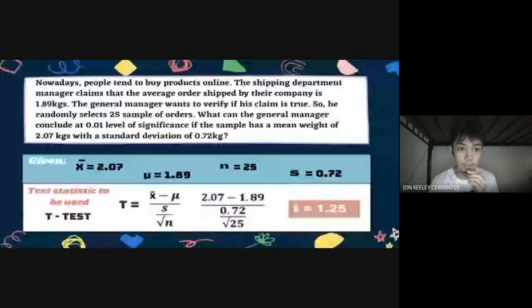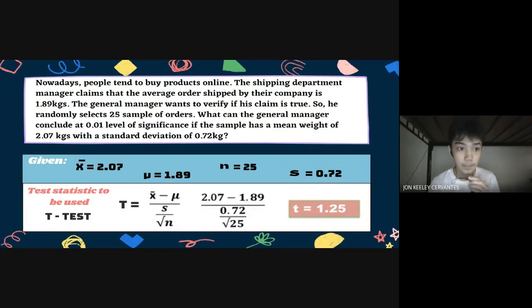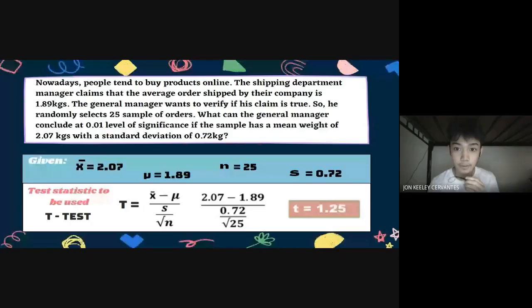The formula for the t-test is t equals the sample mean minus the population mean over the sample standard deviation over the square root of the sample size. Substituting the given values: 2.07 minus 1.89 over 0.72 over the square root of 25 is equal to 1.25.